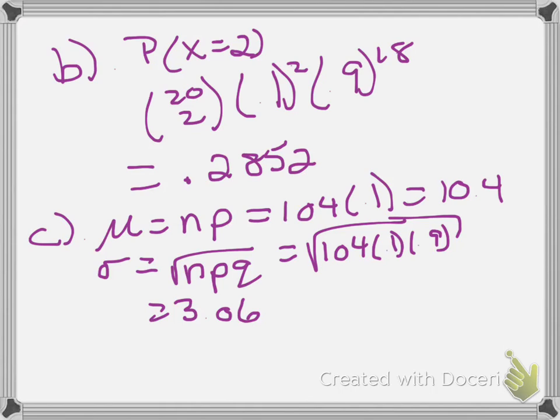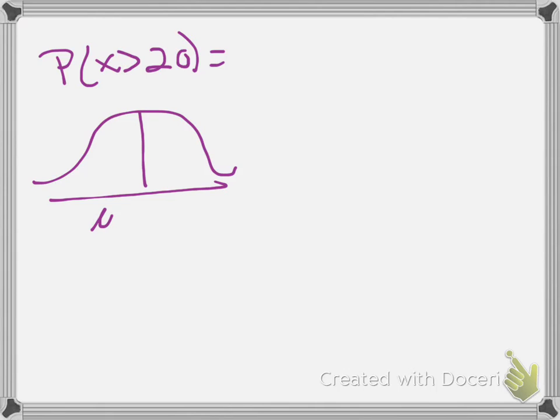Okay, and I want to know if I'm surprised. So if I'm more than 2 standard deviations from the mean, so the probability that X is more than 20. So my mean is equal to 10 with a standard deviation of 3. Here is 20. Okay?